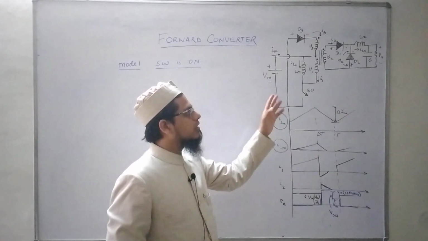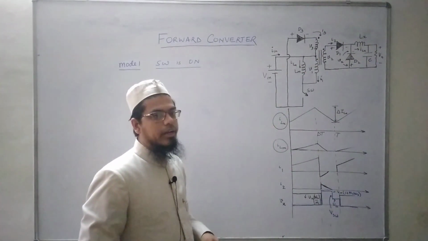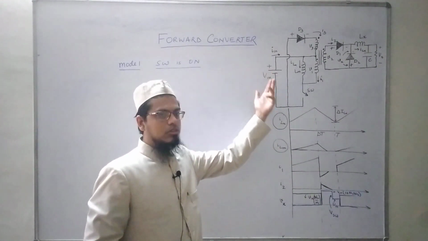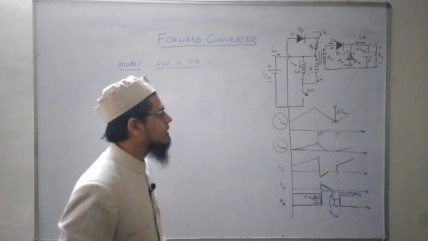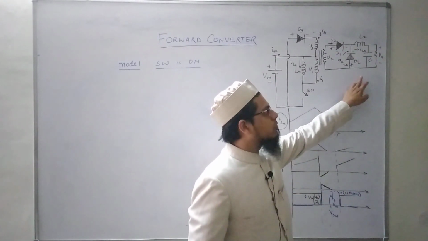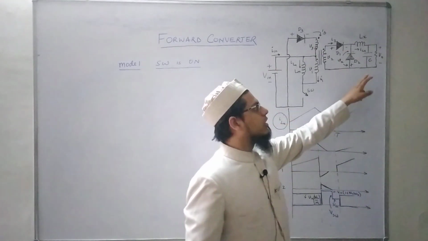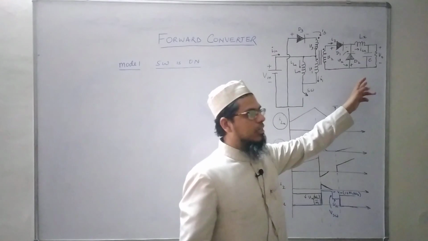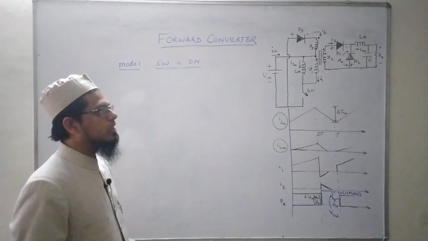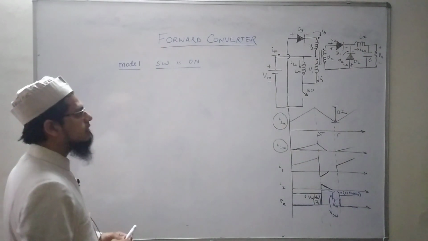Moreover, the inductor and the capacitor are also ideal, and the source is also an ideal source. One more assumption is that the output voltage is constant and equal to V naught. The high value of the capacitor ensures that the output voltage is constant. So now let us try to analyze this circuit.